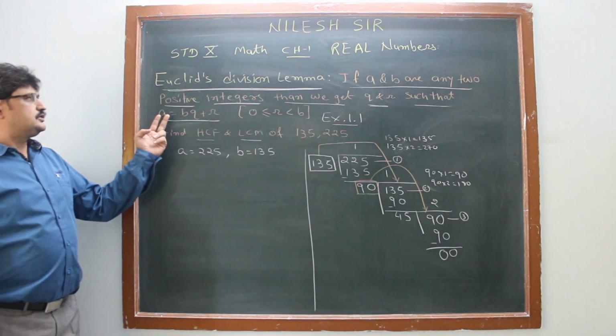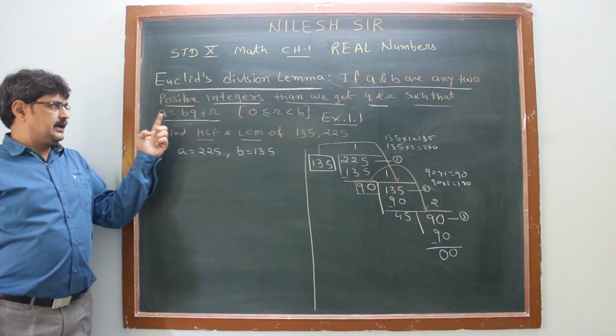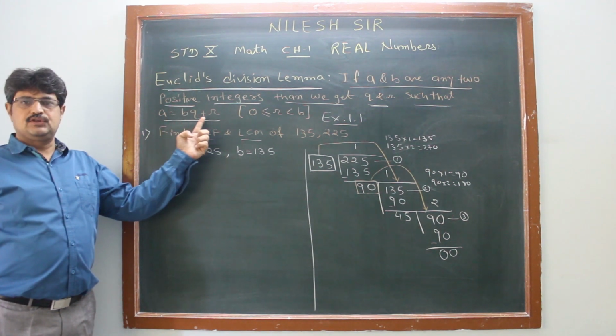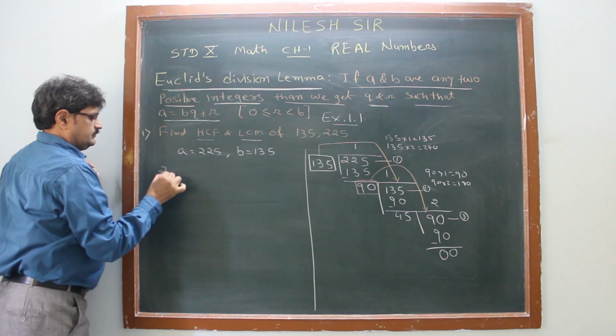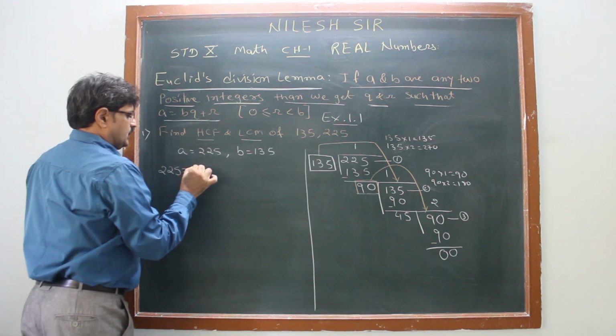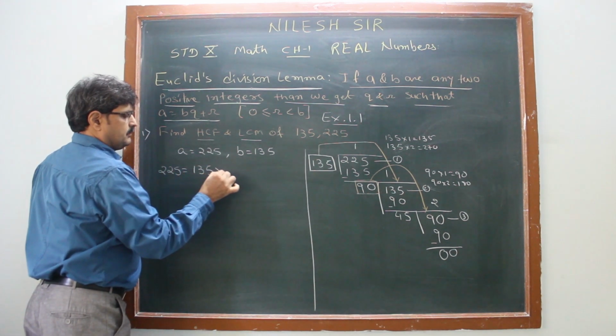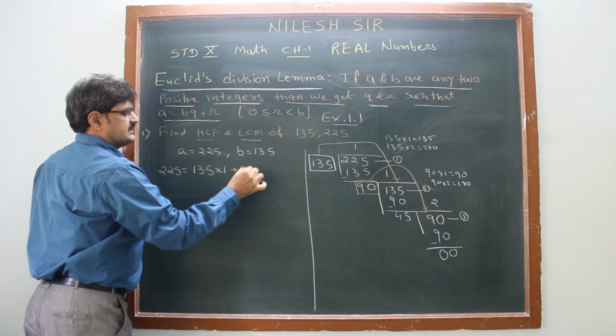Now we will use Euclid's division lemma, that is a is equal to bq plus r. So first I will write 225 is equal to 135 multiplied by 1 plus 90.